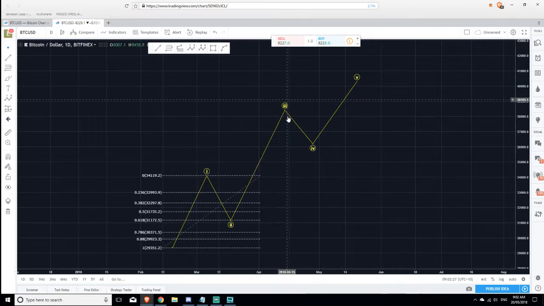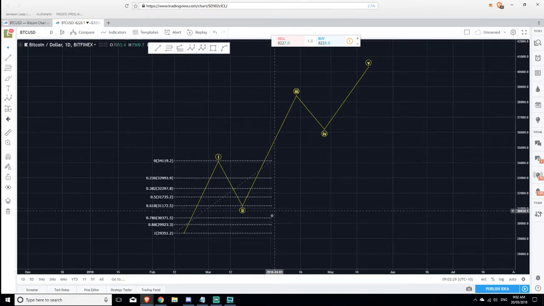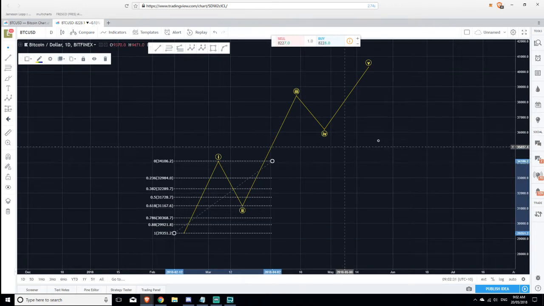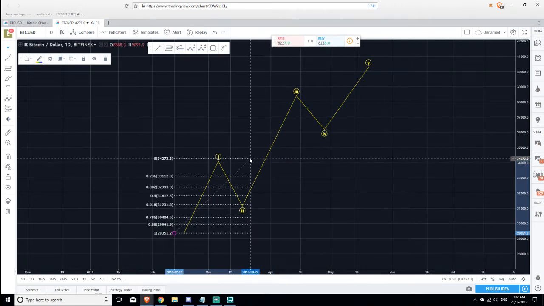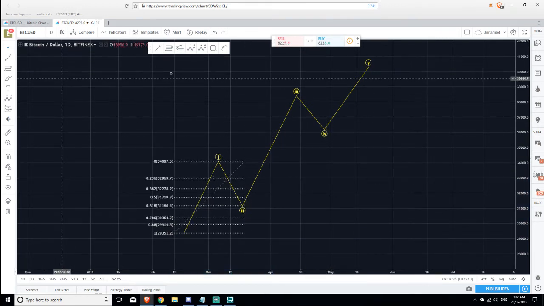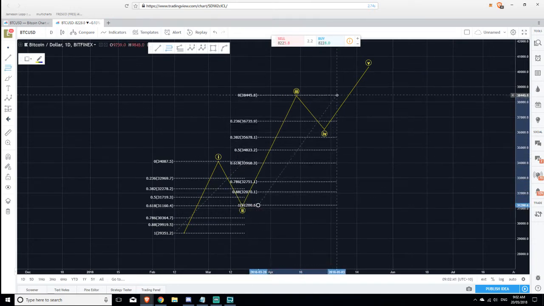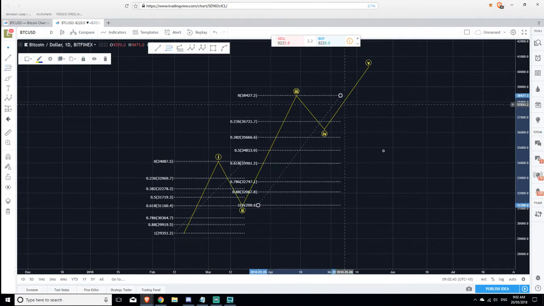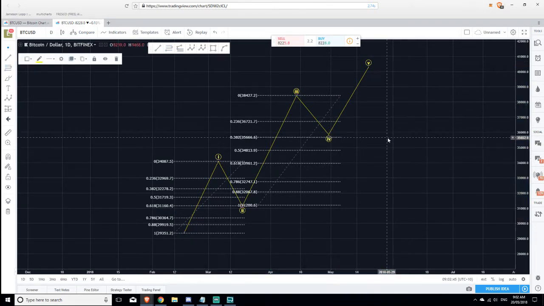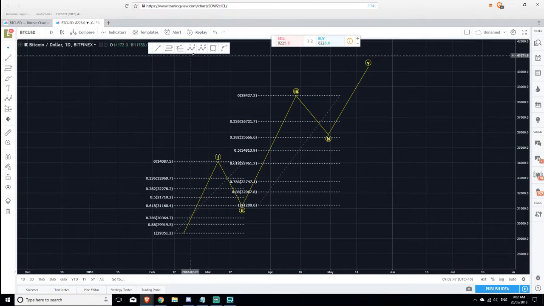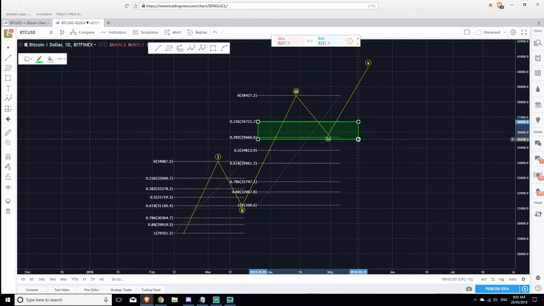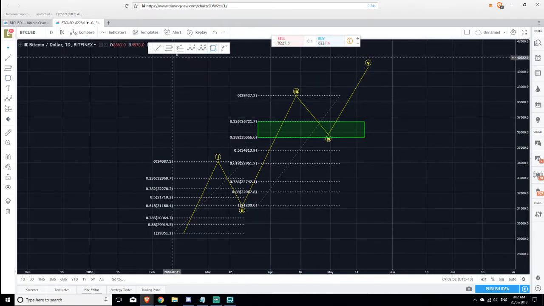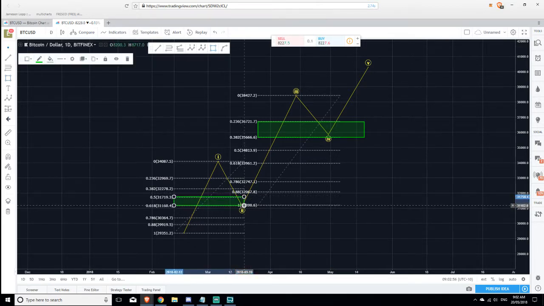After which you'll have a few waves up. And then in order to get a wave 4 target, you take the bottom of wave 2, draw that up to the top of wave 3, and see where wave 4 finishes. Usually, we want to see it finishing between 0.236 and 0.382.